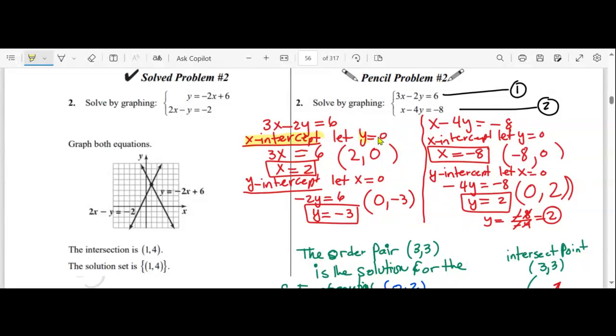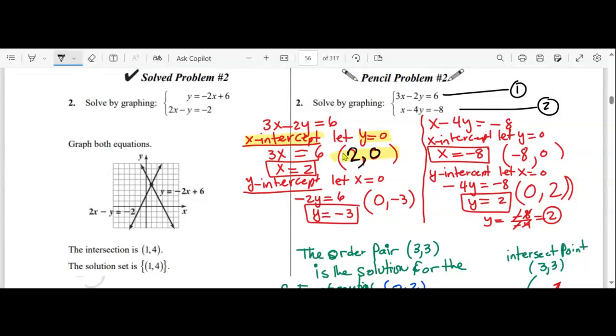If you apply the x-intercept, you let y equal what? 0. So if you put y as 0, you get negative 2 times 0, that gives you 0. So 3x equals what? 6. So x equals how much? 2. What's your first point? 2, 0. That's your first point. Is that clear?